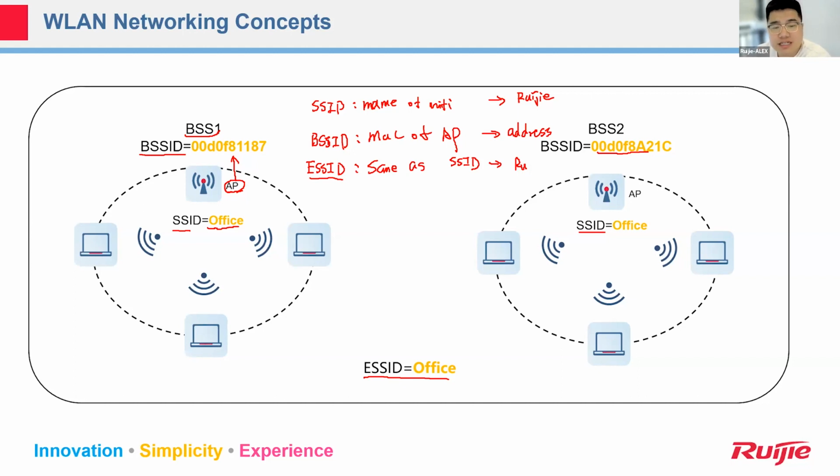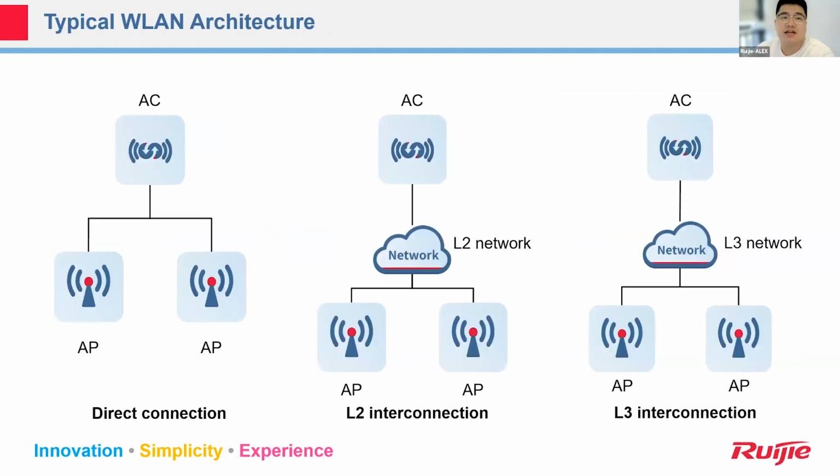After knowing these three concepts, let's see some typical WLAN architectures. Here you can see three different architectures: direct connection, layer 2 interconnection, and layer 3 interconnection. Obviously, the difference is the network between the AC and APs.